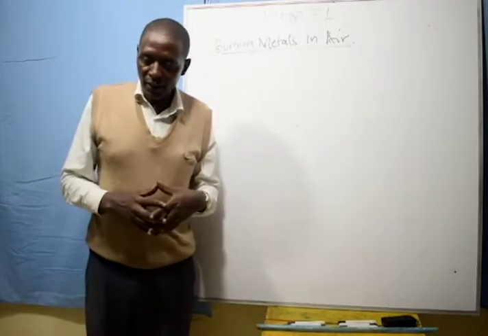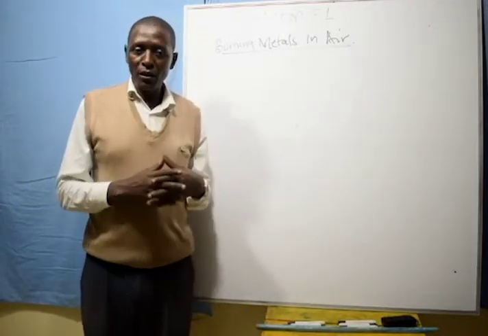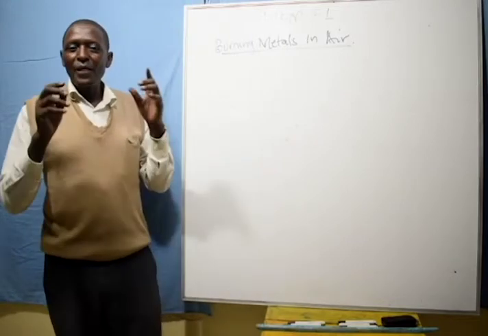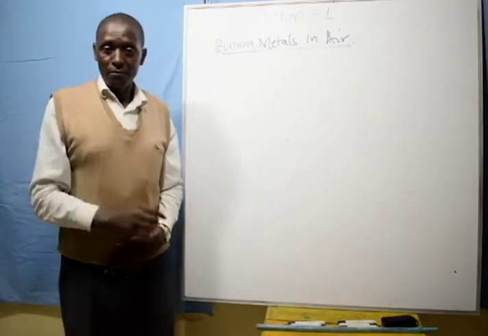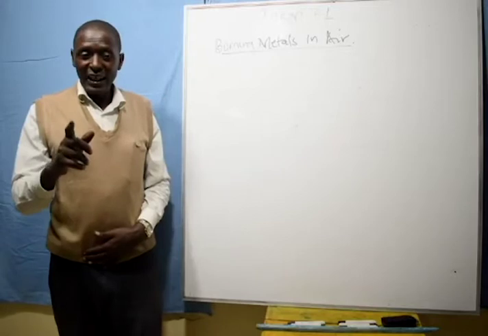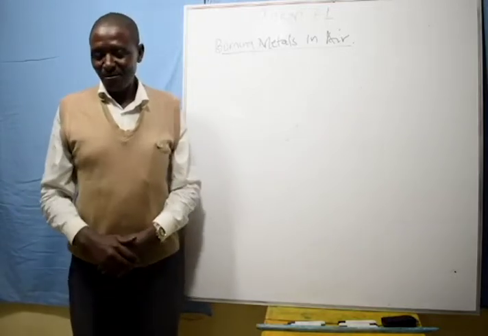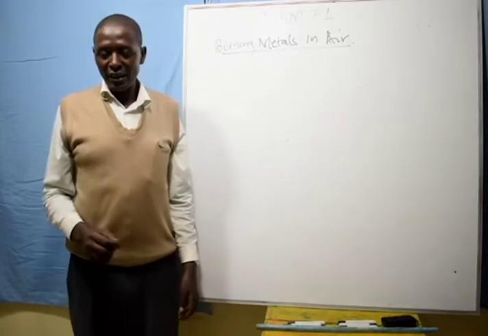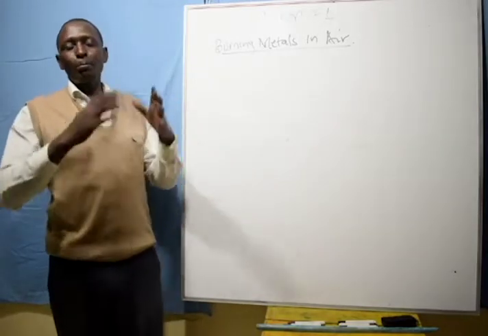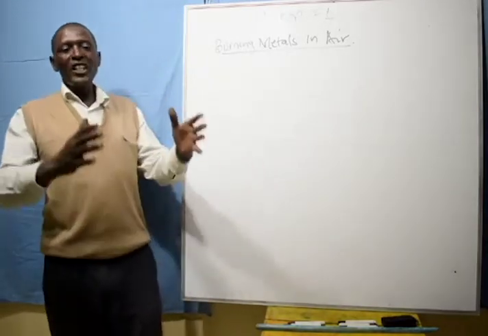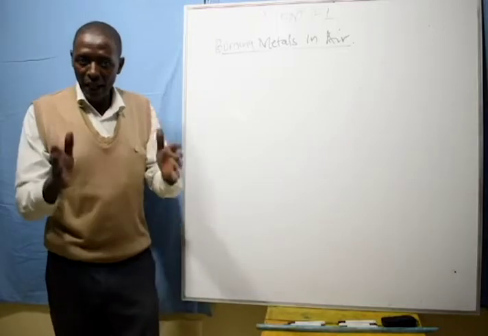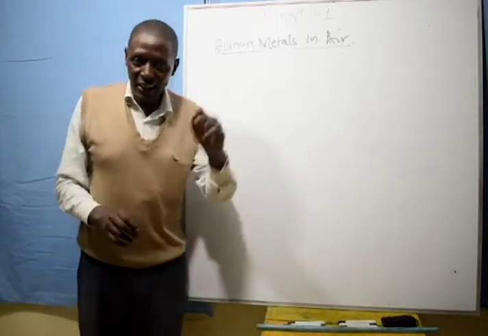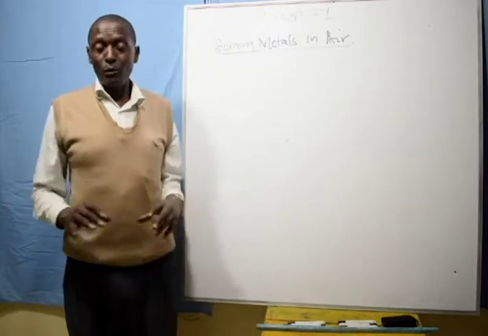Copper, on the other hand, when the experiment is repeated using copper, the copper does not burn, but it turns black. That means there must be a chemical reaction that has occurred, because copper is brown, then when you heat it strongly, it turns black. That means there is a chemical reaction, but it does not burn. We don't see it burning.